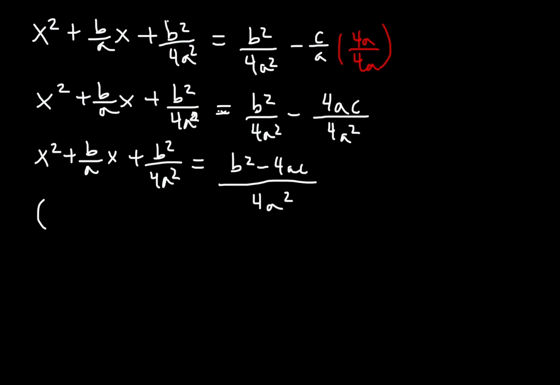What we're going to do to factor is basically take the square root of the x squared term and also of the last term. So if I take the square root of x squared, we get just x plus, and the square root of b squared will give us b, and the square root of 4a squared will just give us 2a.